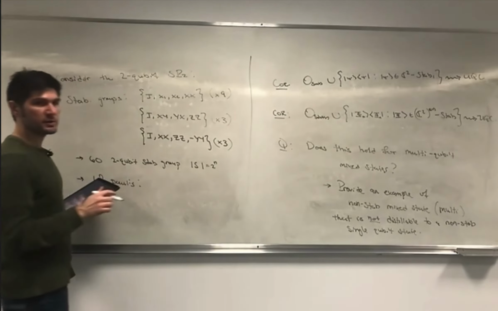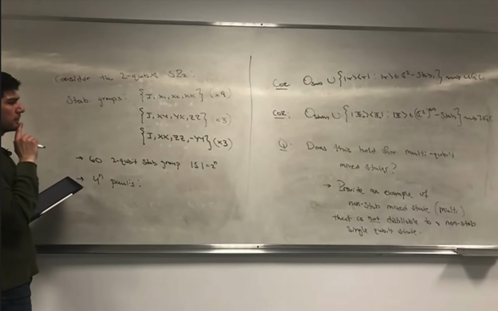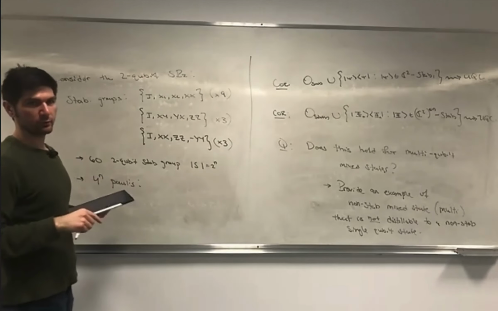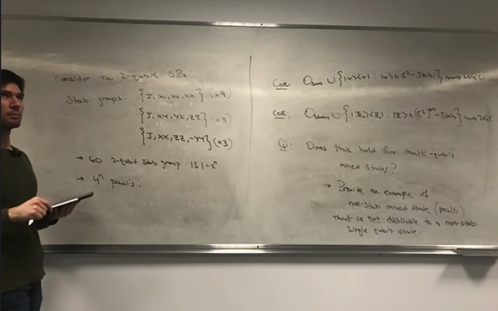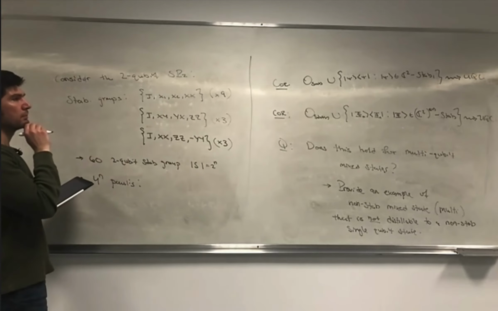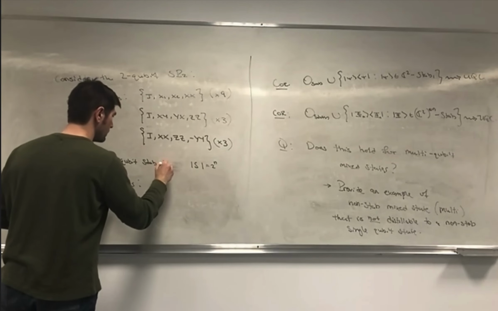For each stabilizer, the groups are 15, 15 times 4, and then you have different values for the signs. So I think that's the stabilizer state. Okay, we can do that.